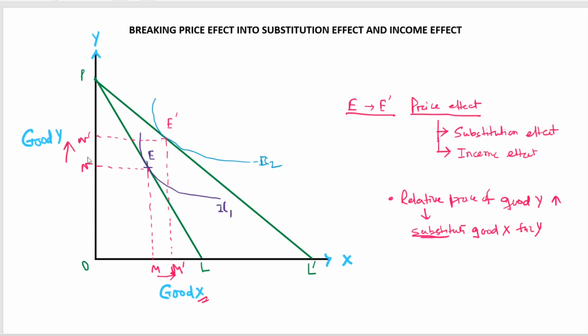But here we can see that after completion of this entire price effect, the consumption of good Y and the consumption of good X both have increased.